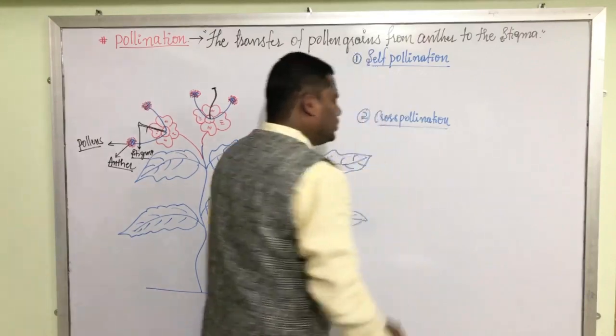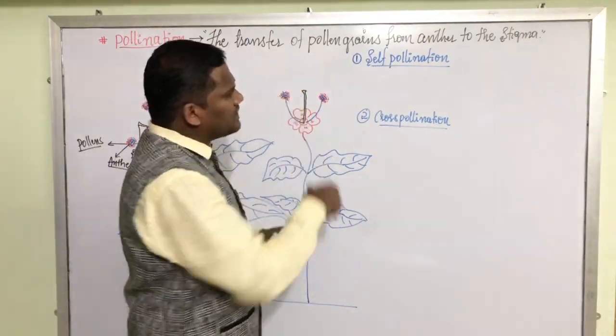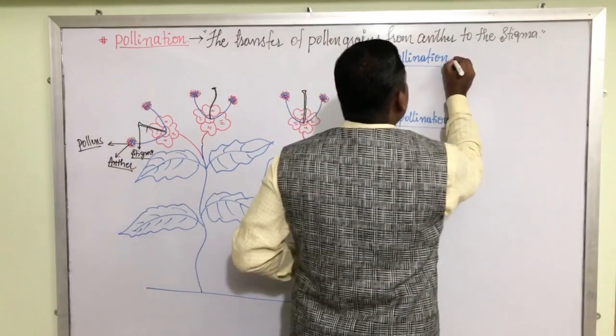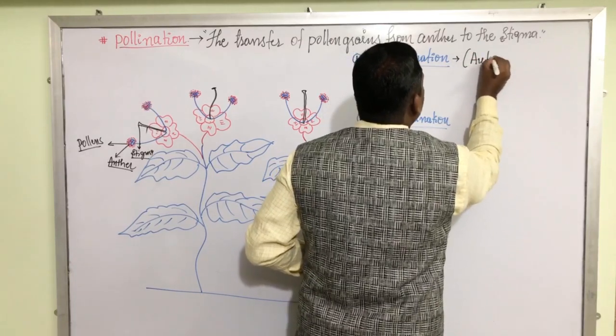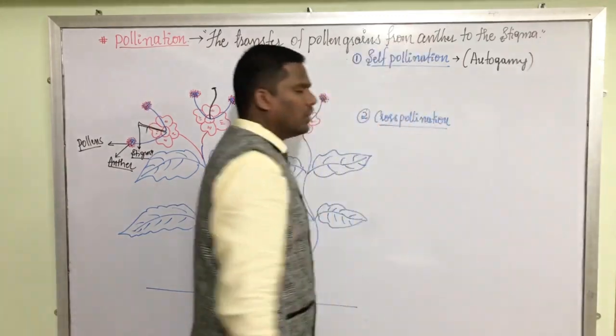They are the two major types of pollination. Now, first we'll understand what is self-pollination. Self-pollination is also called autogamy.